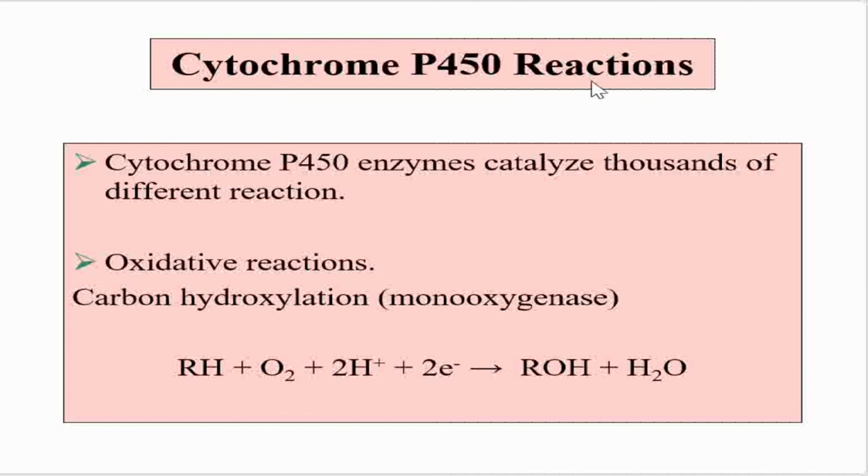The reactions by cytochrome P450 generally include oxidative reactions. You can see in this reaction that carbon hydroxylation takes place, and one oxygen of this oxygen molecule gets inserted between the C and H bonds, so that it converts RH to ROH. This is the carbon hydroxylation process, and it is a monooxygenase enzyme because it adds one of the oxygen atoms from the oxygen molecule to this organic substrate.